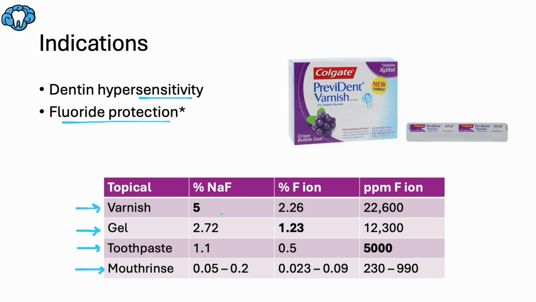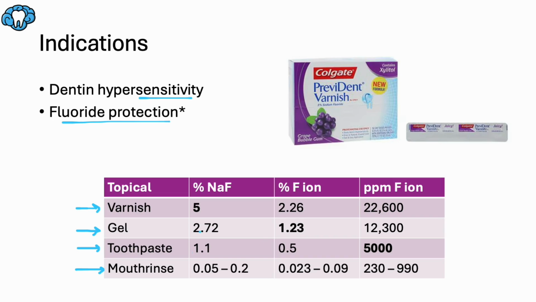So for example, a 5% sodium fluoride varnish, like we have here with PreviDent, is the same as saying a 2.26% fluoride ion, which is the same as saying 22,600 parts per million of fluoride ion.